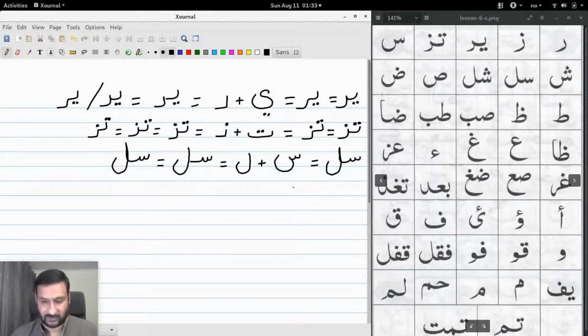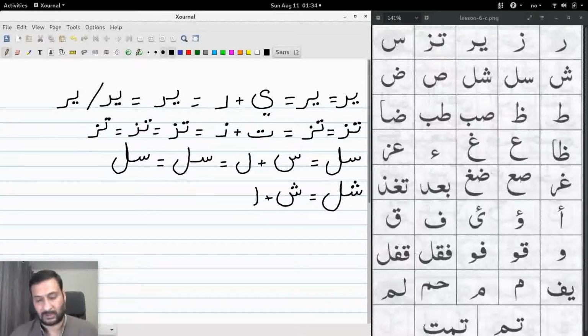Same goes for the next word, which is Sheen Lam. So I'll write Sheen Lam, which is of course made up of the letters Sheen and Lam.